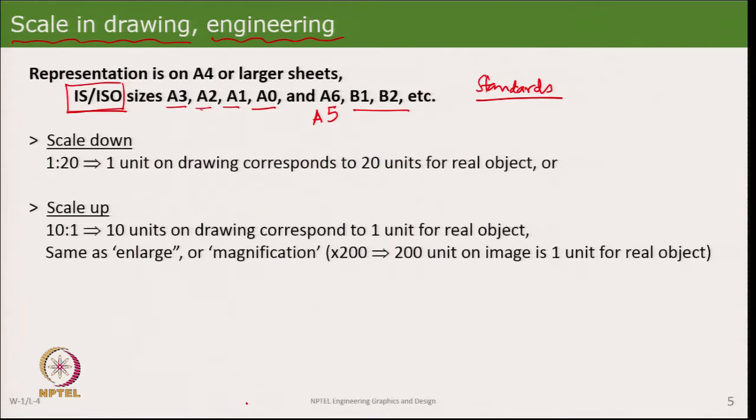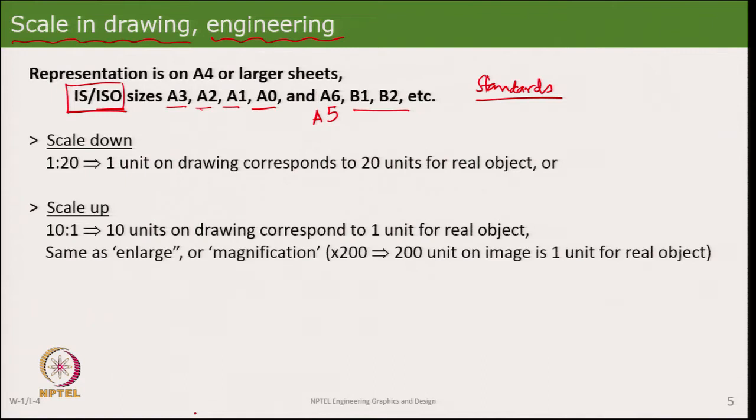If we want to show it on a drawing sheet, these are the only size sheets that we can work with. That is because of IS, Indian Standards, and ISO, the International Organization for Standardization. So, that is one point.